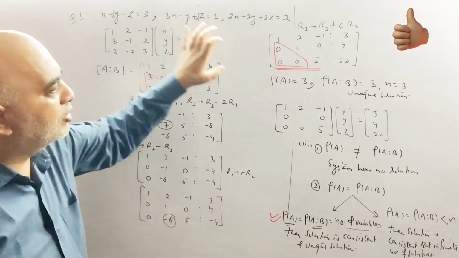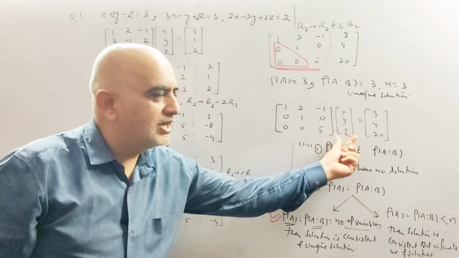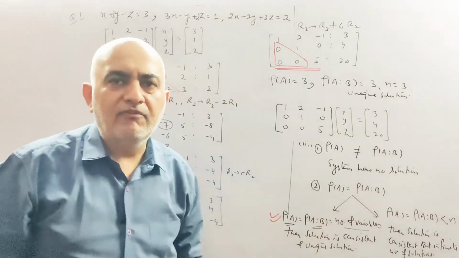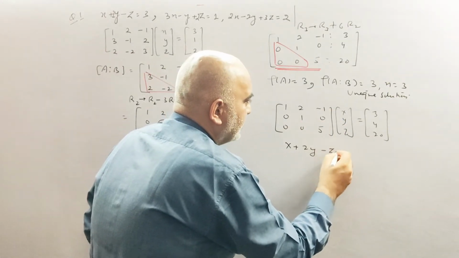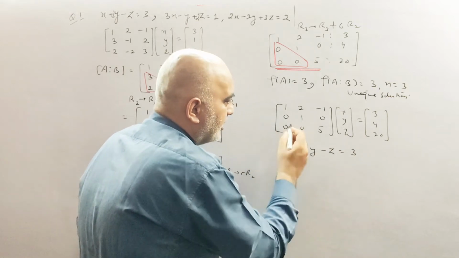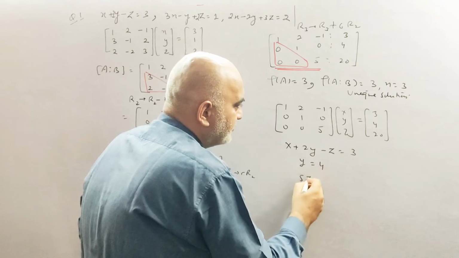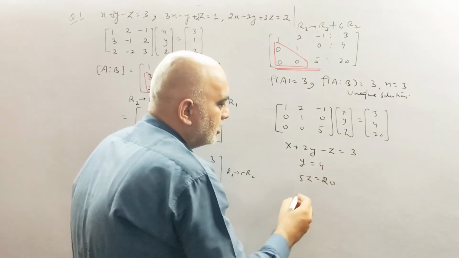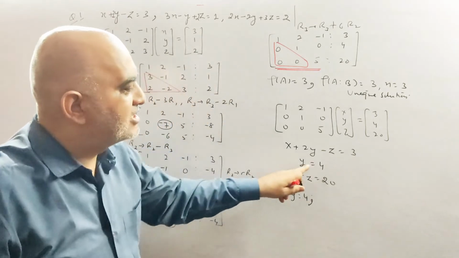Whenever you separate it into this form, then the system becomes this A matrix with XYZ unknowns, and here we have the constants. Solve this system like x plus 2y minus z is equal to 3 and y is equal to 4 and 5z is equal to 20. Here there is no need to solve y is equal to 4.